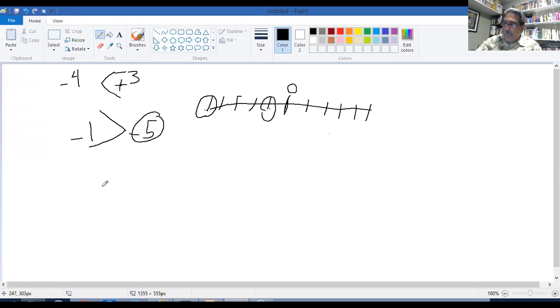So the sign will go this way. We have -5 and -2. Let me do this number line better.